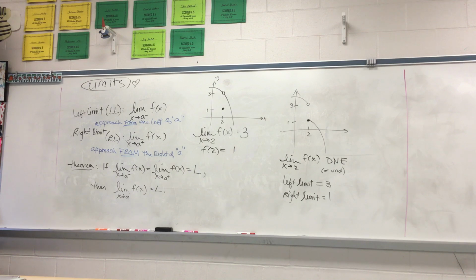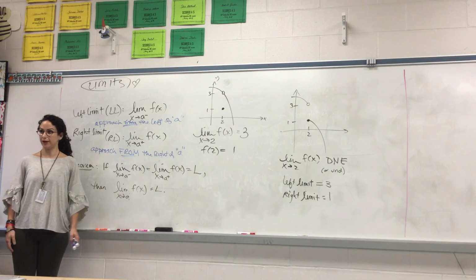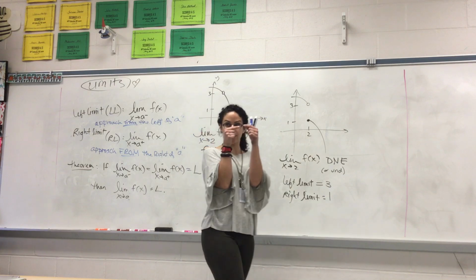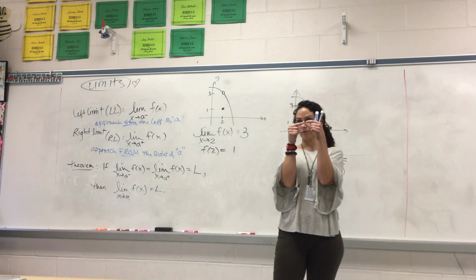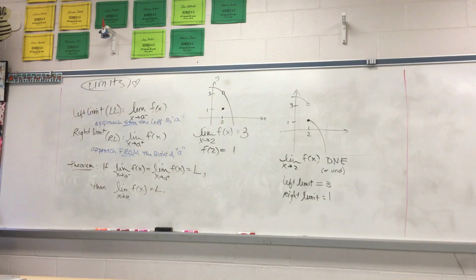It's saying, if the limit from the left equals the limit from the right, then the limit equals that. Okay? So a limit's gonna exist if the left limit and the right limit are heading in the same direction. Okay? Alright, so make yourself a note if you need to on that. But that's what's going on then.